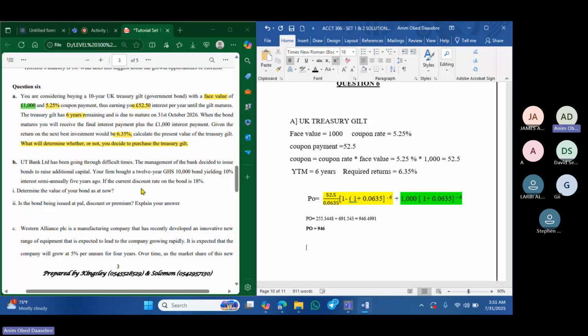I want someone to help me with the decision rule based on what I've explained. If the market value is 1,000 and what we just solved for as our present value is 946, then we are supposed to buy it. I'll decide to purchase it. What if you don't want to buy?